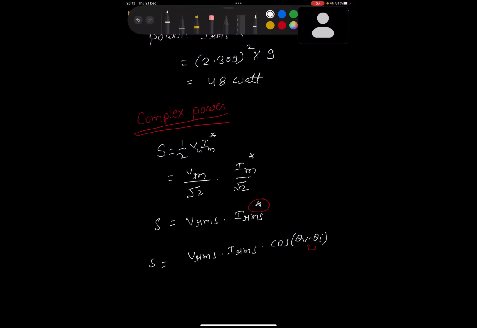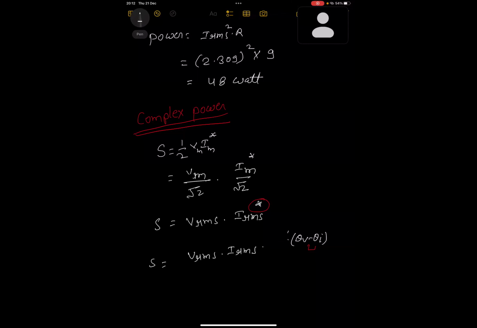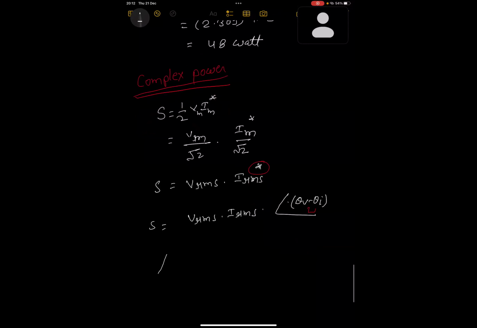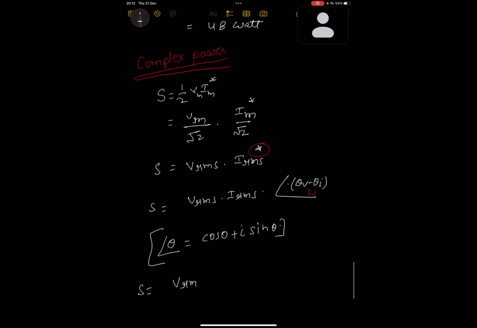Okay, this is the angle. See, any angle theta can always be represented by cos theta plus iota sin theta. Okay, this is the concept. So S can be represented by VRMS IRMS cos(theta V minus theta I) plus iota sin(theta V minus theta I).